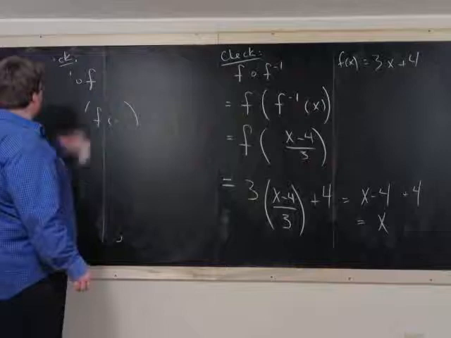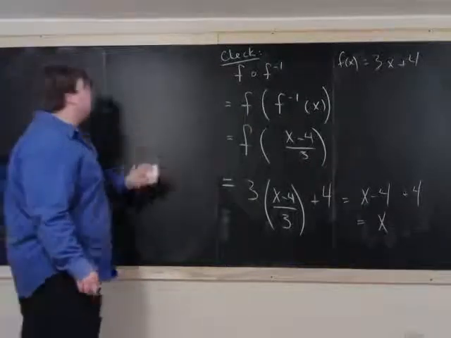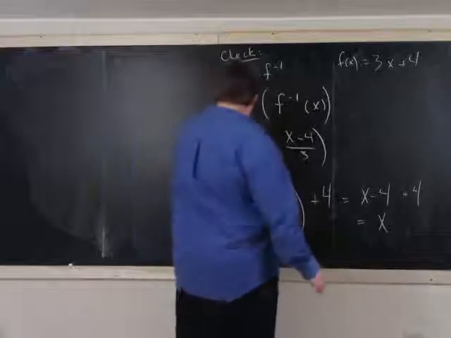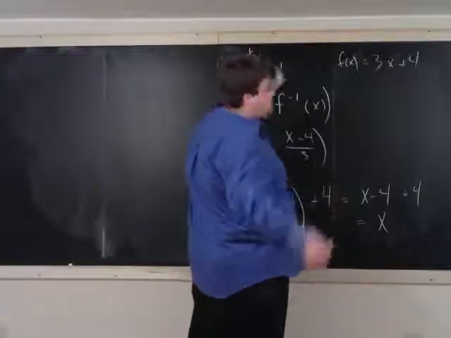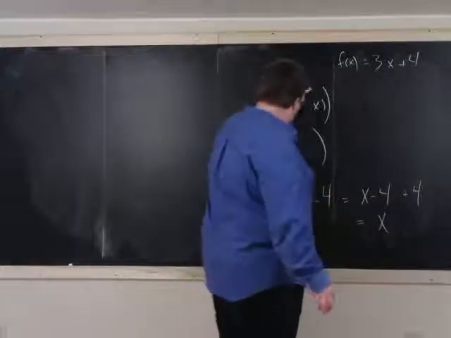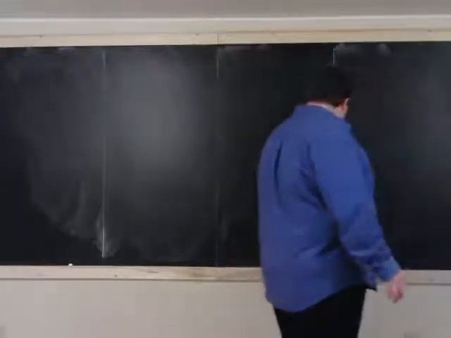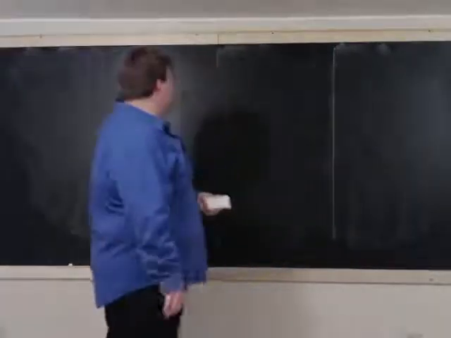So on your homework, you don't have to check these compositions. You might want to at least check one of them, see how that goes. But let's graph these and figure out a relation.